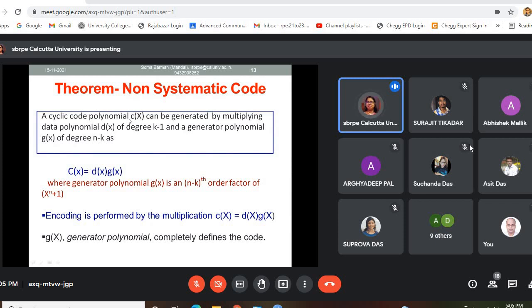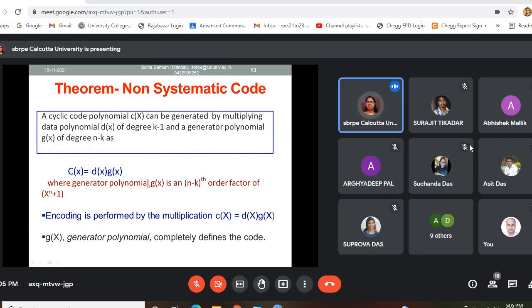Here, n minus k means how many parity bits you are adding. So that's why the generator polynomial degree will be n minus k. So Cx is nothing but your dx, the data polynomial, multiplied with the generator polynomial.